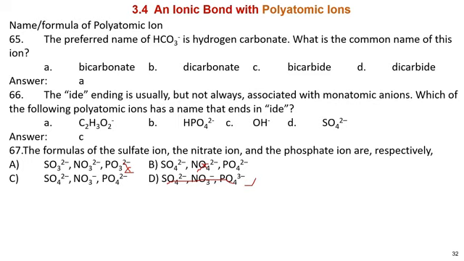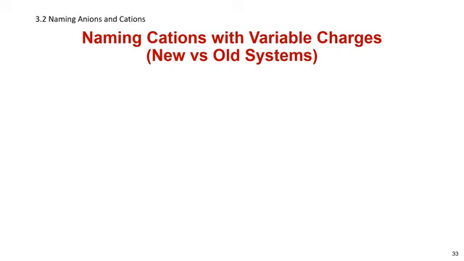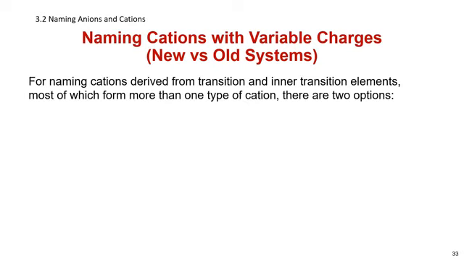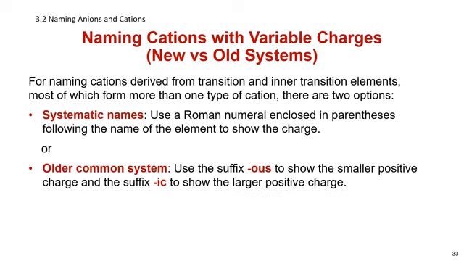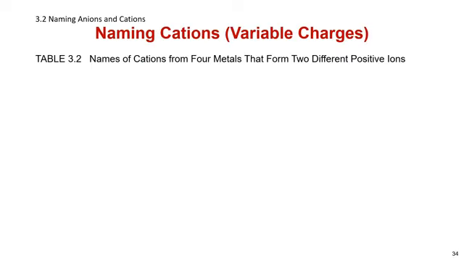Now I talk about transition metals that make more than one cation. Therefore, you have to use parentheses in their name. There are 2 systems. The systematic name uses parentheses with the charge in Roman numerals, or the common system: ferric means higher charge, ferrous means lower charge.